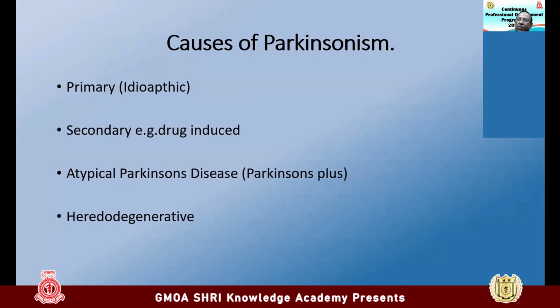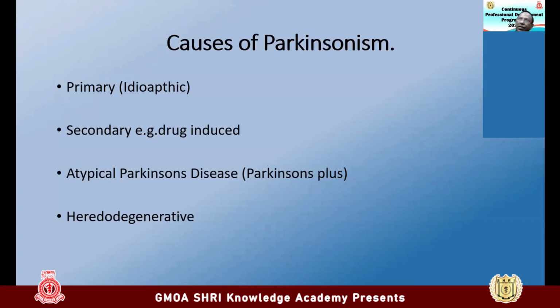So now we'll come to the causes of Parkinsonism. Now you know how to diagnose Parkinsonism. The next important thing is the causes of Parkinsonism. It is very simple. There are 4 causes only. First, and the commonest, is the primary, or what we call idiopathic Parkinson's disease, IPD. Second is secondary. This has something to do with dopamine release, as you know from the pathophysiology.